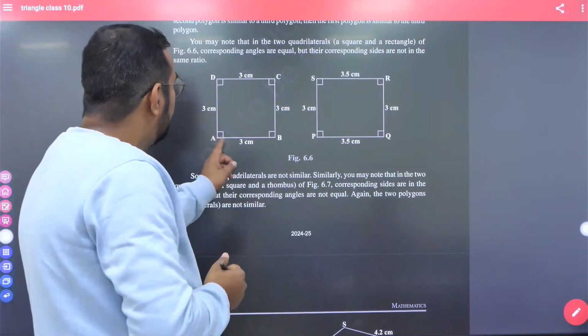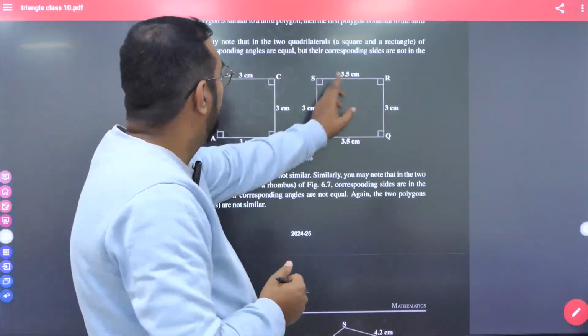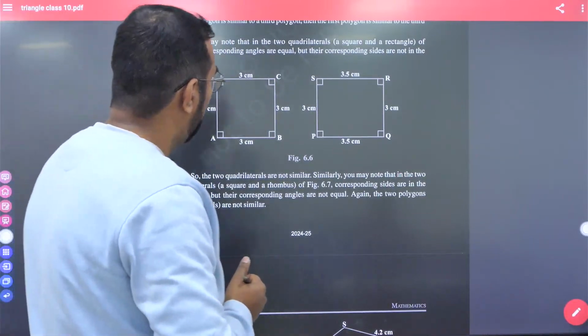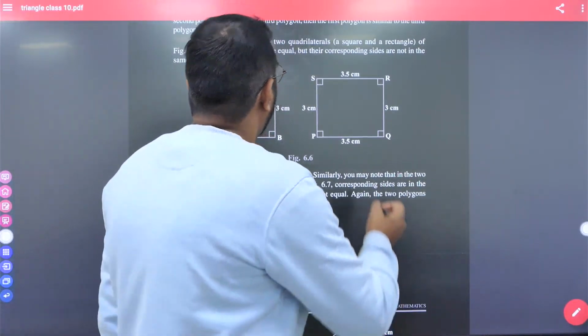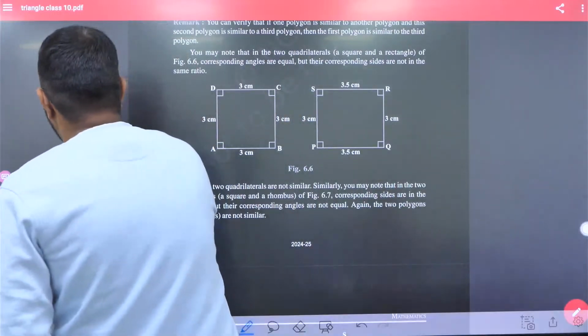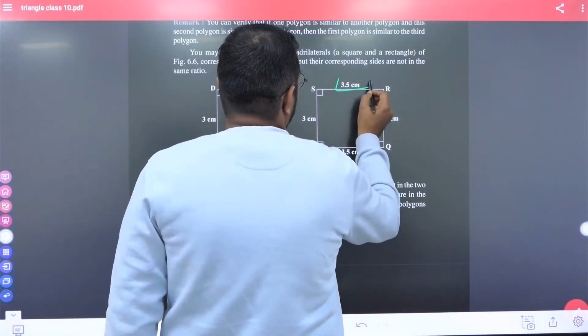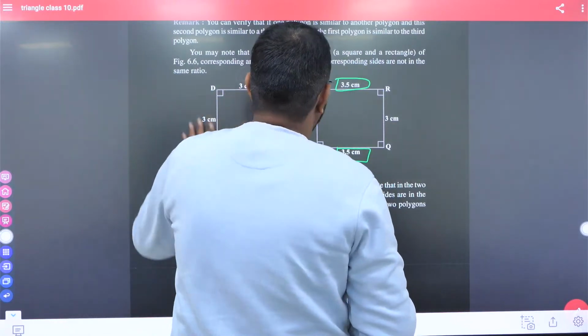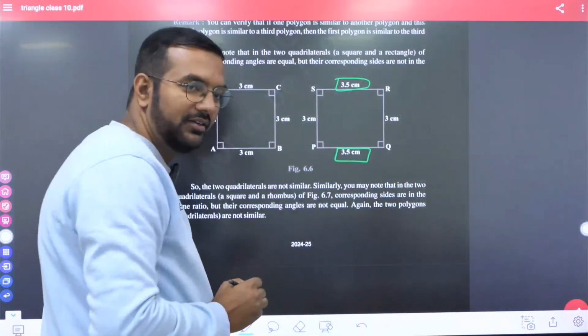Their corresponding angles are equal, 90 and 90. The corresponding sides are also in the same ratio. Here this one is 3.5 and this one is also 3.5, and these all are 3.